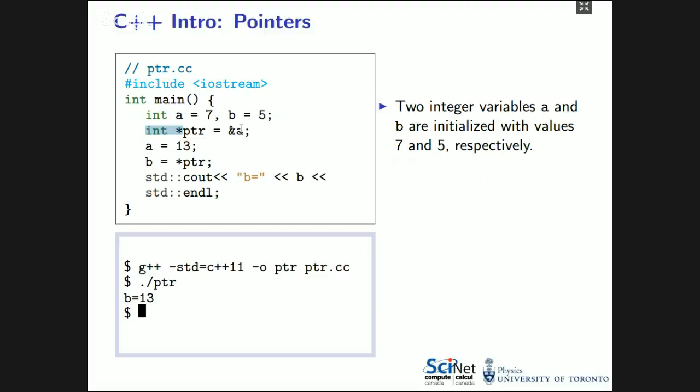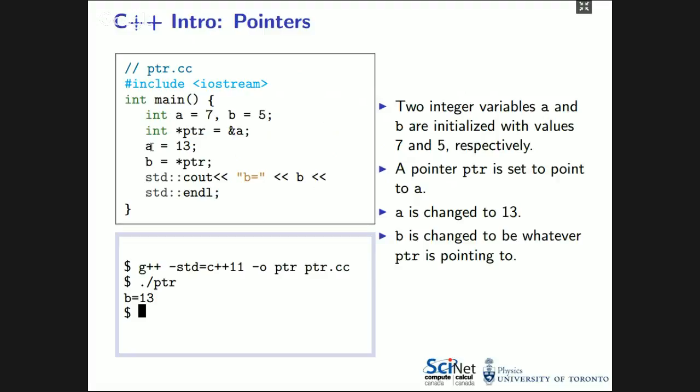As I said, it's a good idea to initialize pointers right away, either to null pointers, so that you know it's not actually initialized, or to an address, and this takes the address of a. So a lives somewhere in memory, ampersand a is that memory location that I've stored in pointer. Now I'm changing a to 13 here. And then I want to store in b that which is stored at memory address PTR.